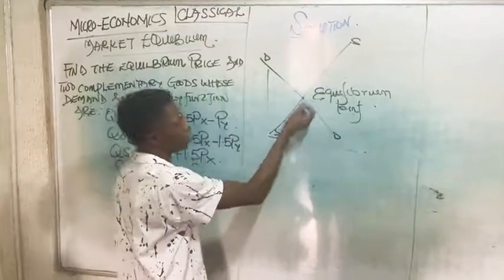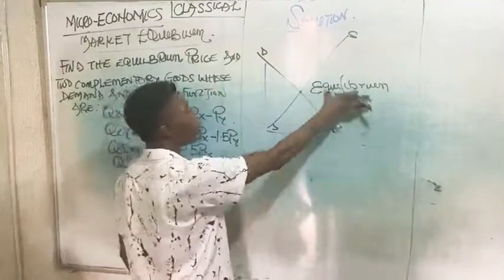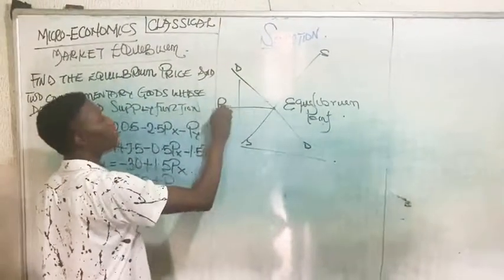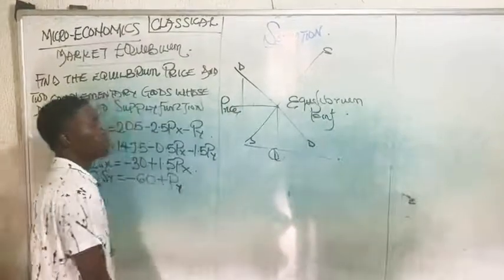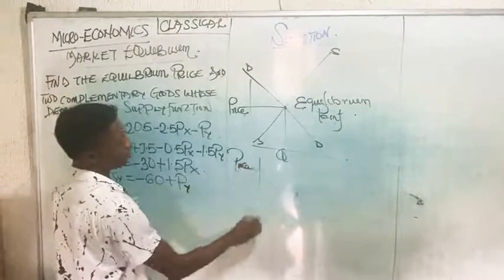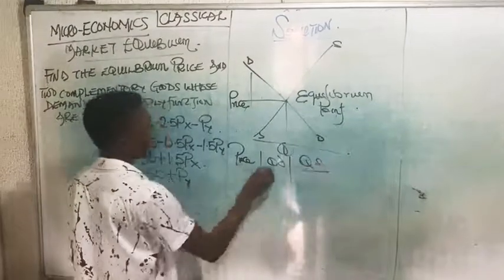That is the point at which demand and supply intersect. We call it our equilibrium point. That is, this is my price and this is the quantity. And that emphasizes more about price, the quantity demanded, and the quantity supplied.